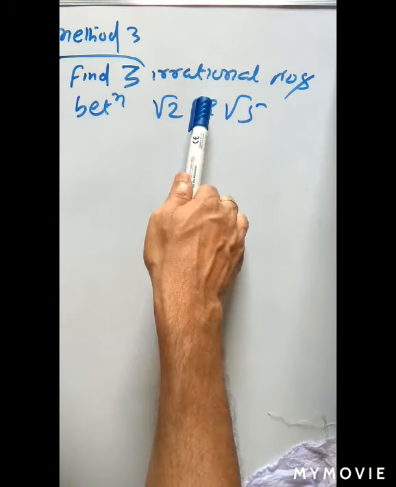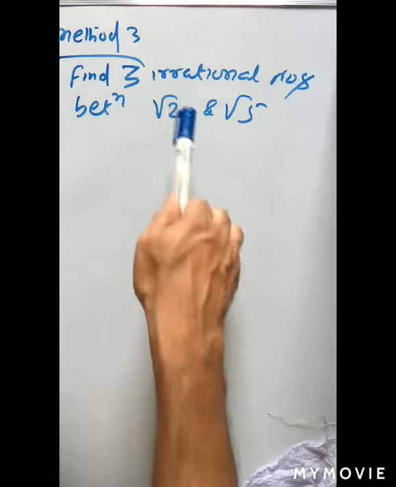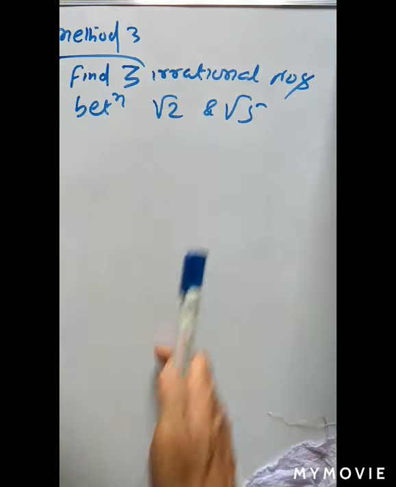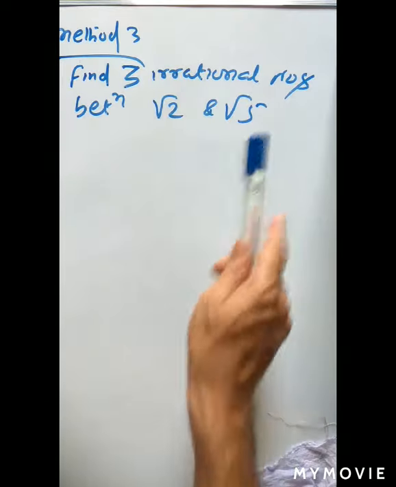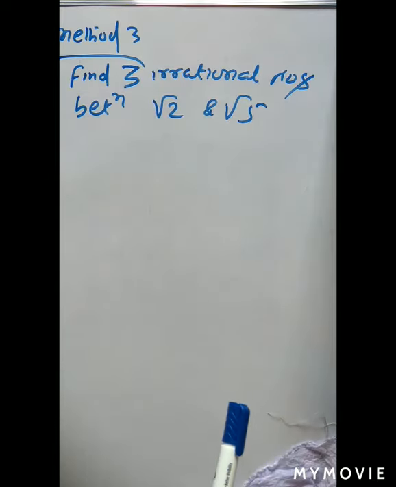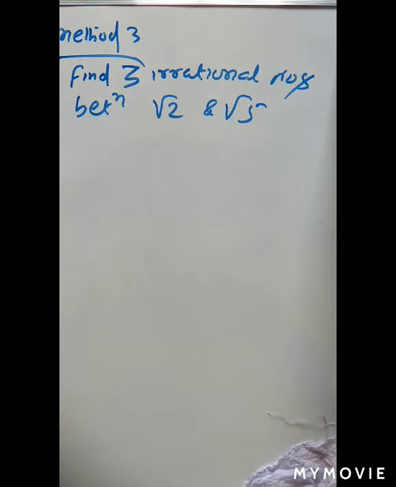For your example, I have only considered finding 3 numbers. But practically, in between two rational numbers, there are infinite rational numbers. In between two rational numbers, there are infinite irrational numbers. Similarly, in between two irrational numbers, you will get infinite irrational numbers.